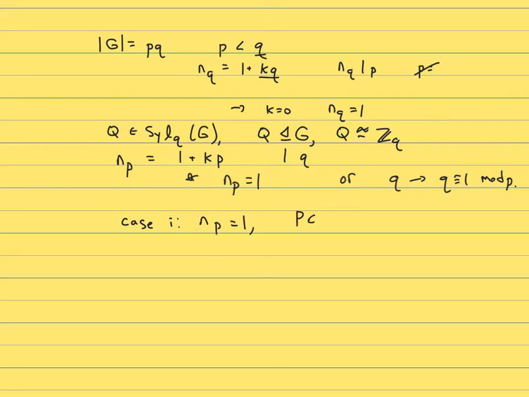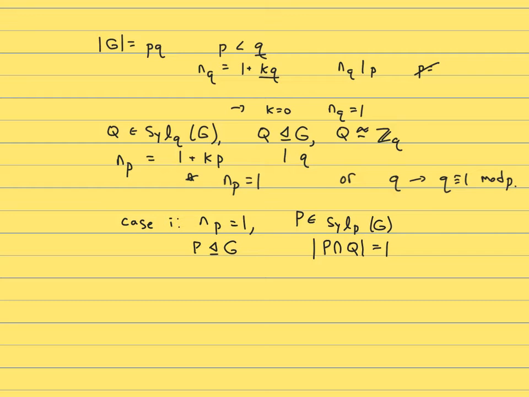and you let P be this normal Sylow p subgroup, then P is also normal in G. And since P has size p and Q has size q, and P intersect Q has to be a subgroup of both of them, whose size divides both of them, that size is 1.